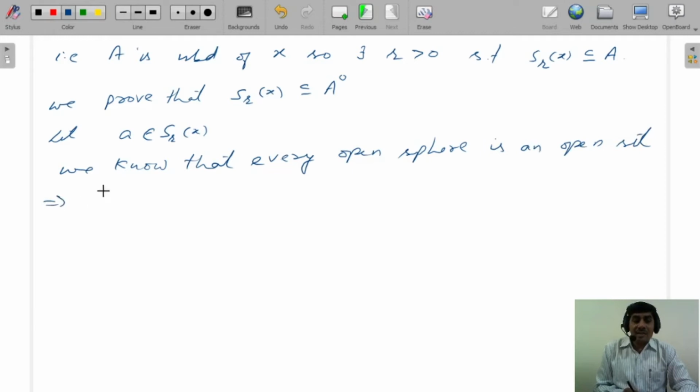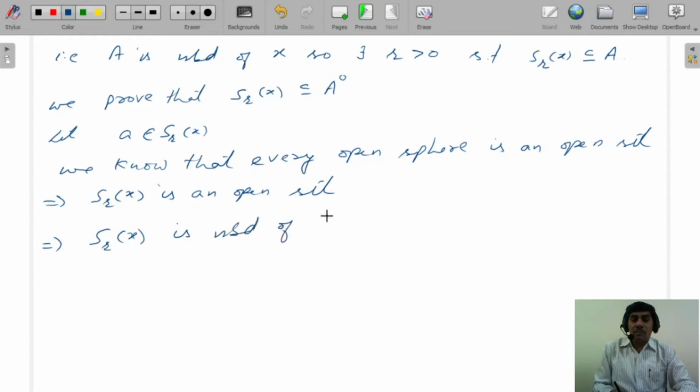This implies S_r(x) is an open set. This implies S_r(x) is a neighborhood of all its points. This implies S_r(x) is a neighborhood of a.